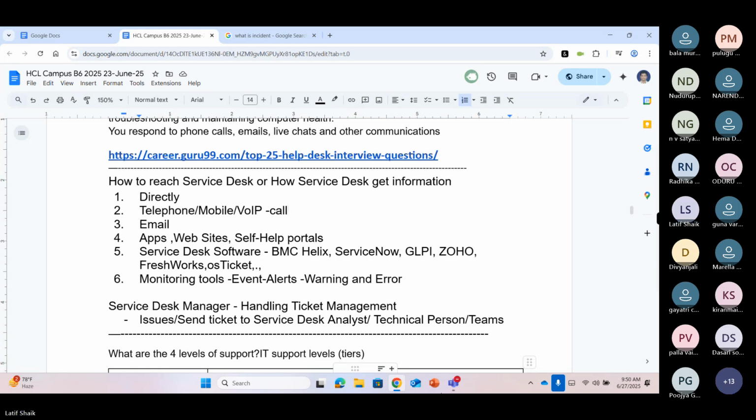Email, through email, support mail services are there. Support at the rate of Savantis.com, IT support at the rate of Savantis.com, support at the rate of HCL.com, support at the rate of Cognizant. Like that, different companies have email related support. Sometimes it is a common support mail service.